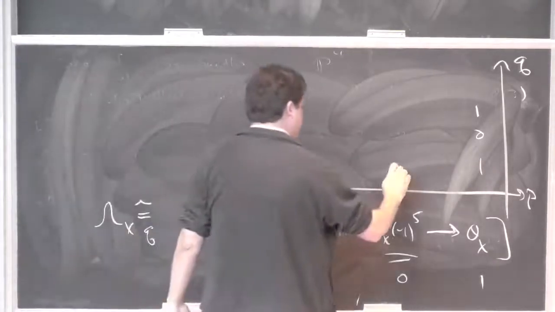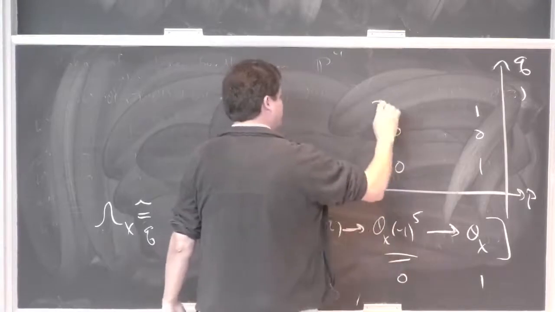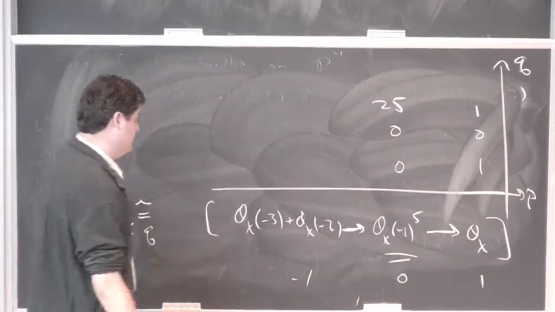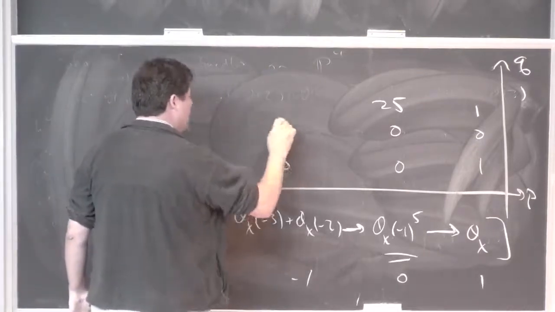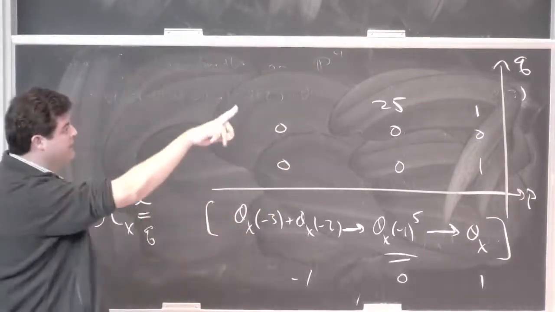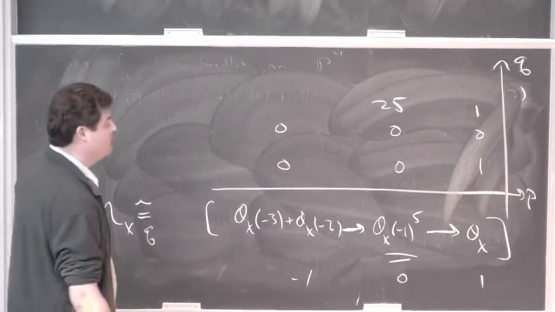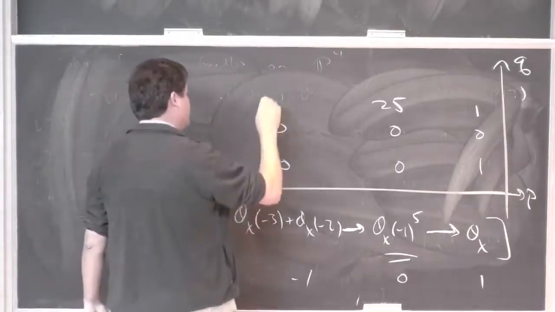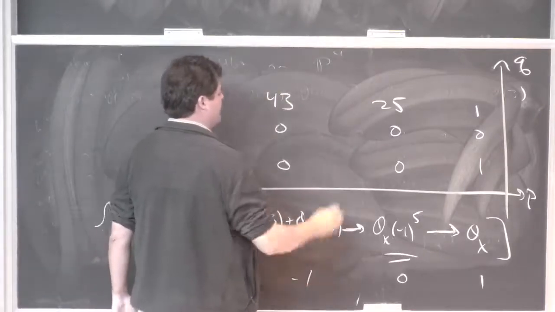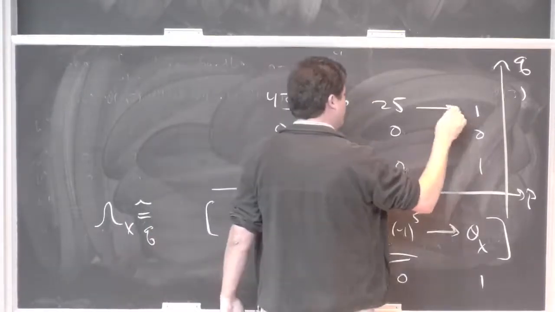I get 0, 0, 5 times 5 is 25. And I get 0, 0, 14 plus 29, 43, thank you. And again, I have some interesting boundary maps.